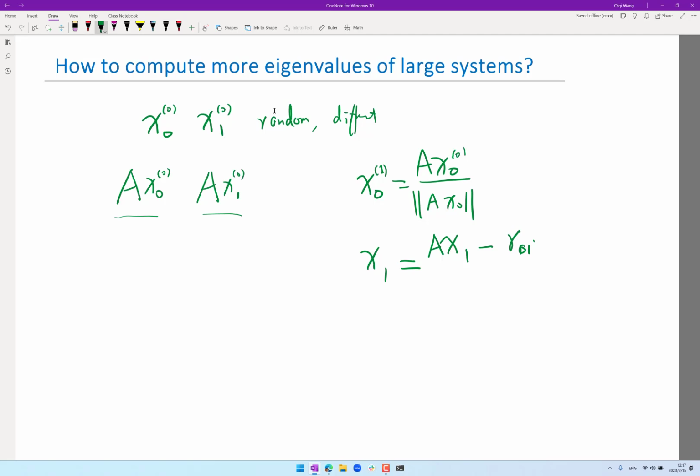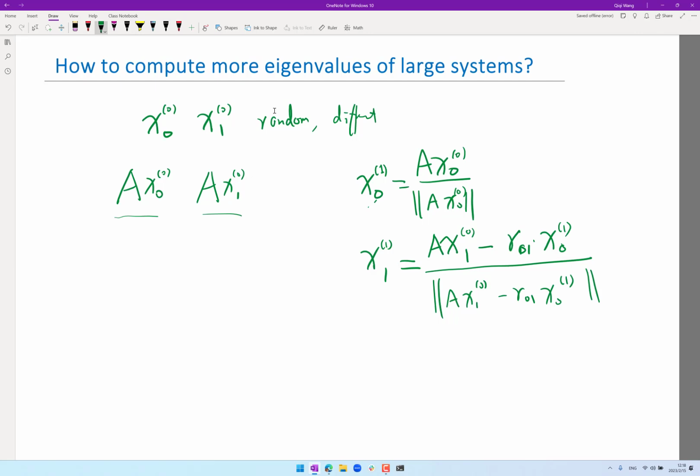Basically, x0 at iteration 1 is a normalized version of ax0 at iteration 0, and x1 at iteration 1 is not just a normalized version but an orthogonalized version with respect to the first component, divided by again the magnitude of this thing. Is it clear what we are doing here?